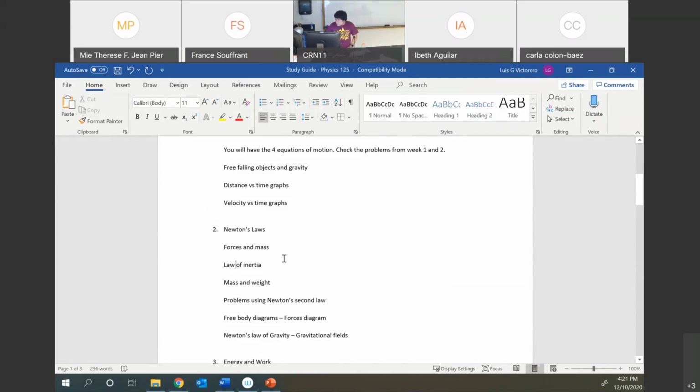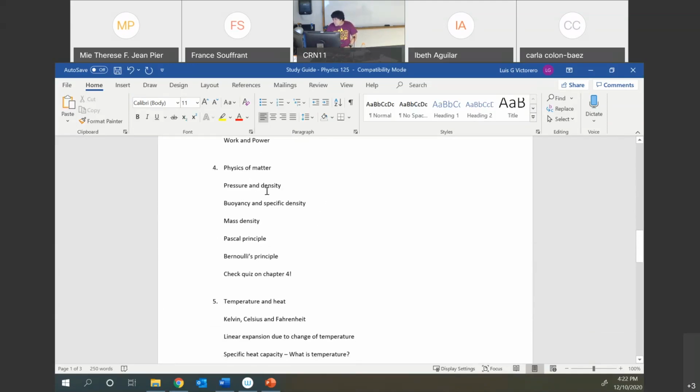More than the law of inertia, I would say Newton's laws. What do we call the first law? The law of inertia, so the concept of inertia. Problems using Newton's second law. Don't worry about friction, guys. We discussed it, but don't worry about it.